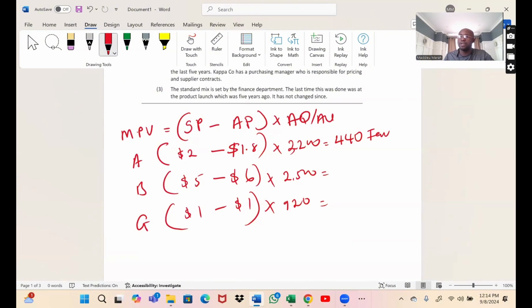And the next one, beta, is going to be an adverse variance. Standard price is 5, actual price is 6, so an adverse of 1 at 2,500 gives me 2,500 adverse variance. And for gamma, my variance will still be 0.